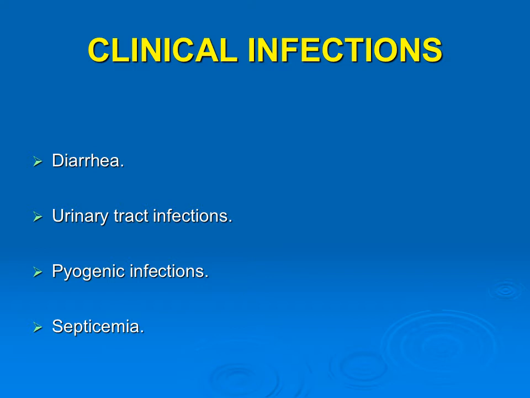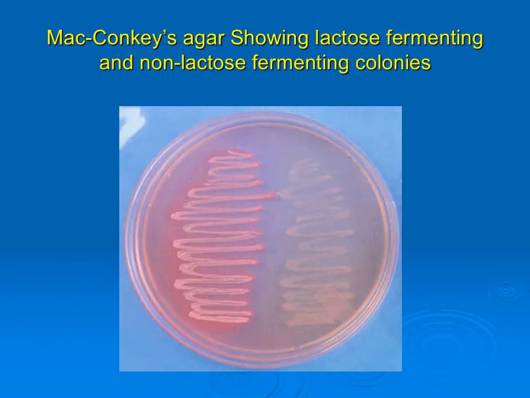In general, the clinical infections caused by members of Enterobacteriaceae include diarrhea, urinary tract infections, pyogenic infections like wound infections, pyogenic meningitis, septicemias, bloodstream infections, etc. In general, we are mentioning all these infections, and according to the nature of the bacteria, the infection differs. So urinary tract infections, diarrheas, pyogenic infections, septicemias, bloodstream infections. This is the major group of infections, the clinical spectrum of infections.